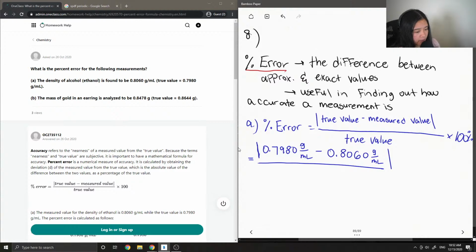All of that divided by the true value, which is 0.7980 grams per mil, times 100.